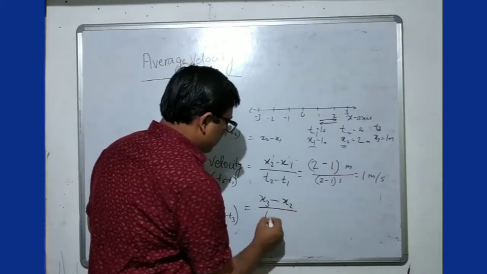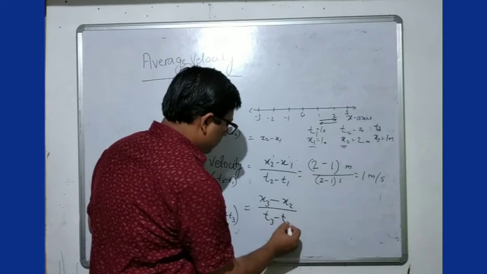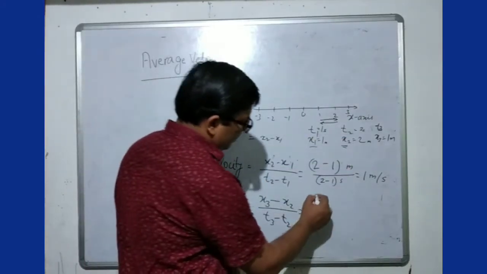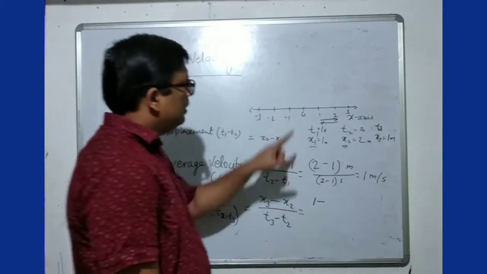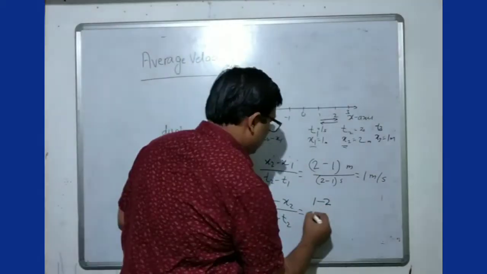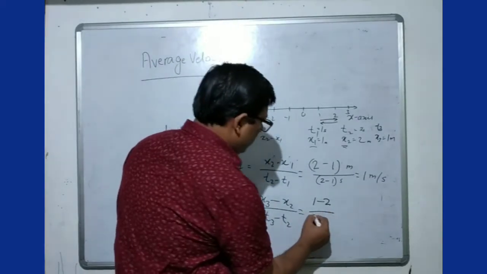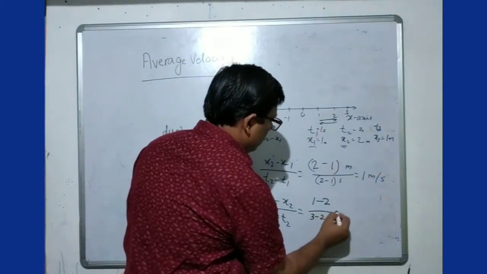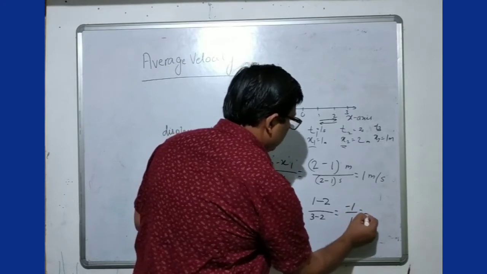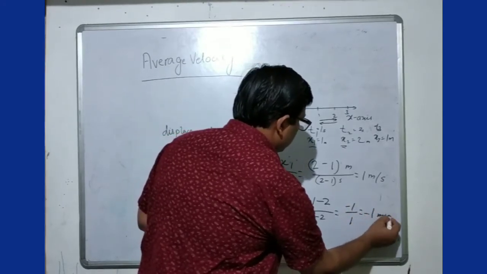And this will be t3 minus t2. Now x3 is 1, x2 is 2, and this will be 3 minus 2. So this will be minus 1 upon 1, that is minus 1 meter per second.